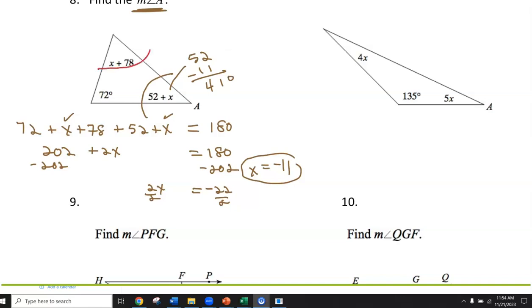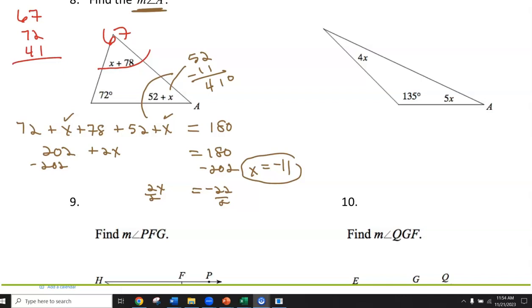Okay, once you find the top angle too, they didn't ask for it, but I'm just going to make sure I did everything correctly. So if you subtract 11 from 78, you should get 67. So is it true that 67 plus 72 plus 41 equals 180?